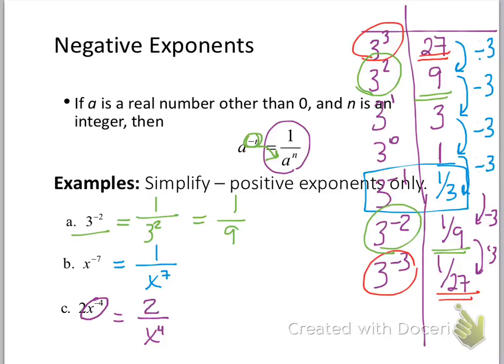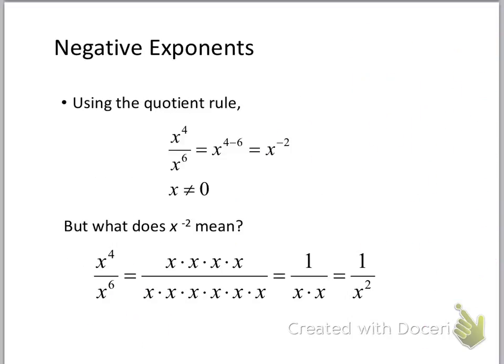Okay, let's take a look at some more examples. To help you understand this in terms of the quotient rule, think, for example, if I have x to the 4th over x to the 6th, I can subtract those exponents, which then gives me x to the negative 2. But I could also think about x to the negative 2 by expanding.